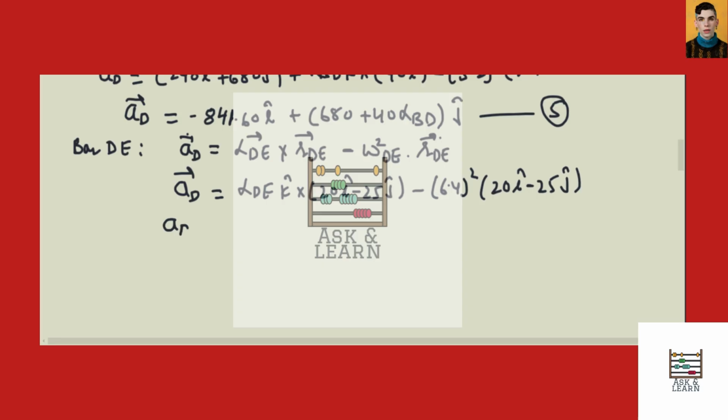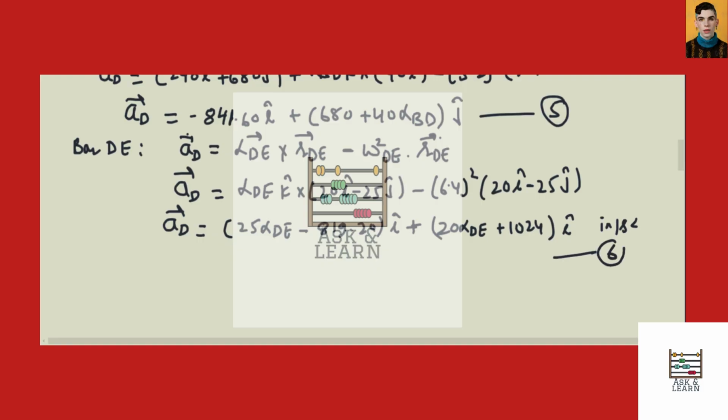So the acceleration of point D we will get as (25 alpha DE minus 819.20) i cap plus (20 alpha DE plus 1024) j cap. All the values will be in inch per second squared.